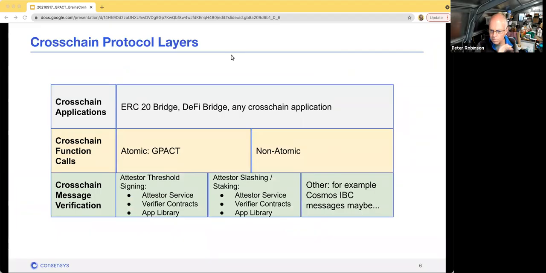This protocol fits into an overall cross-chain protocol layer stack, which I've defined.